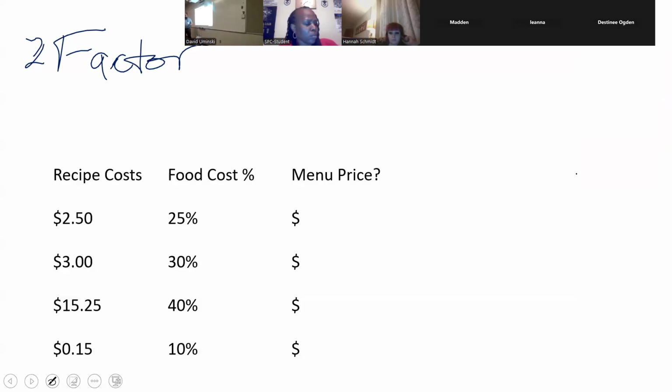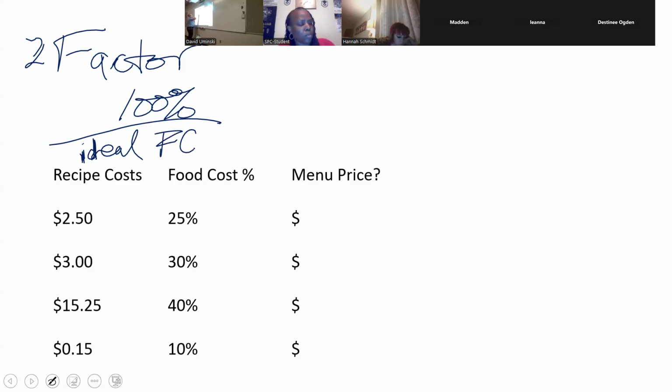The way it works is we take 100% and divide by our ideal food cost percentage, and that gives us our factor. Then all we have to do is multiply our recipe cost by that factor.